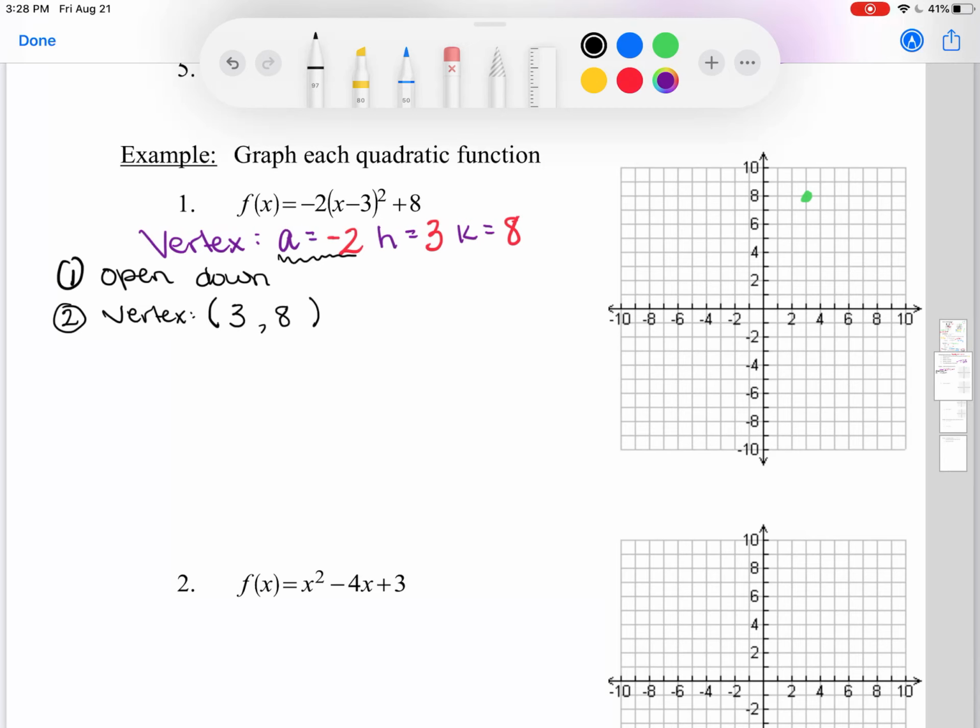So moving into step 3, we want to find and identify our X values, our X intercepts. In order to do that, think about anything that is on this X-axis. We're finding the points in which we are crossing and touching this X-axis. Well, at any point on this axis, think about what your Y values are going to be.